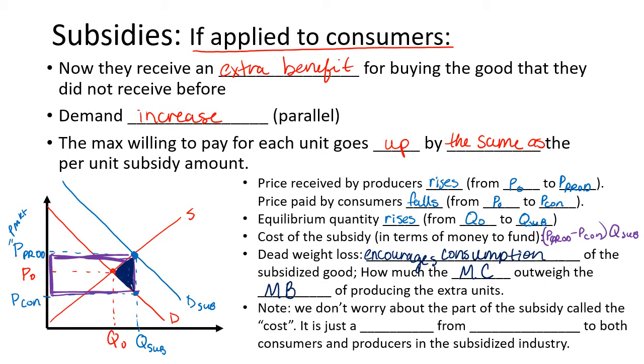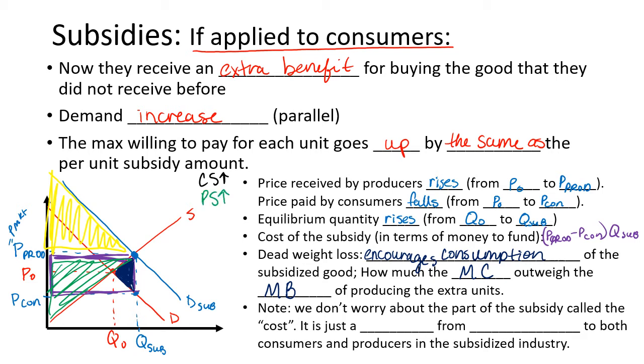So we should point out our other things. So our consumer surplus is now this yellow rectangle, which is bigger than the old one. So consumer surplus rises. Producer surplus is this one, which it used to stop at P0 as well. So producer surplus rises.